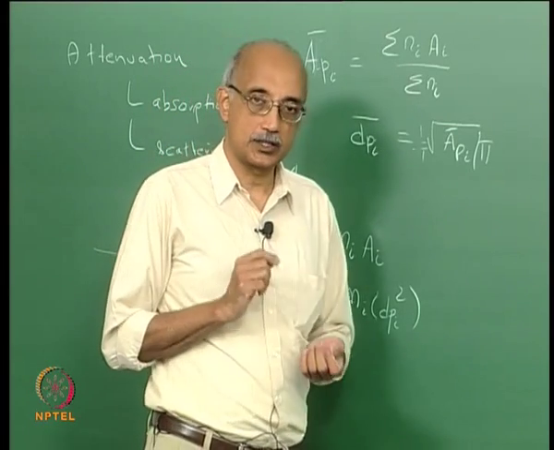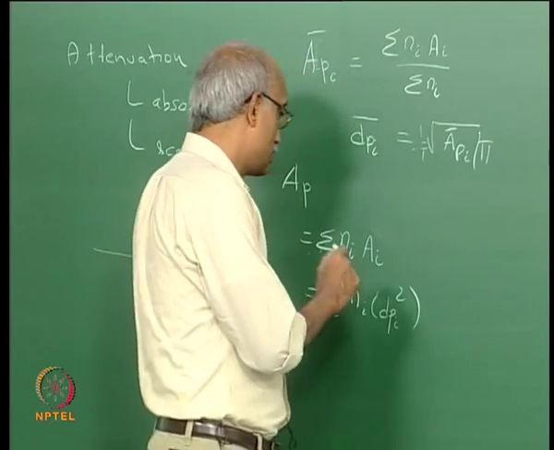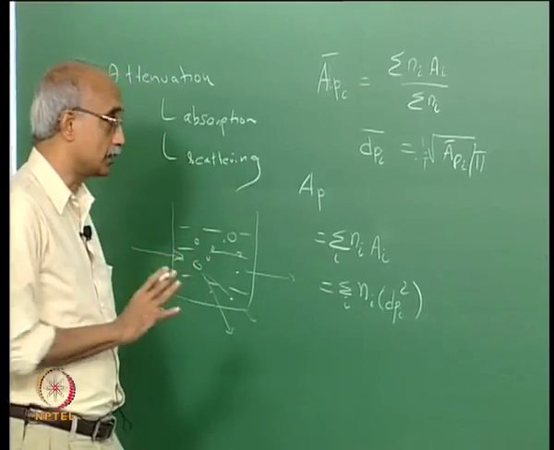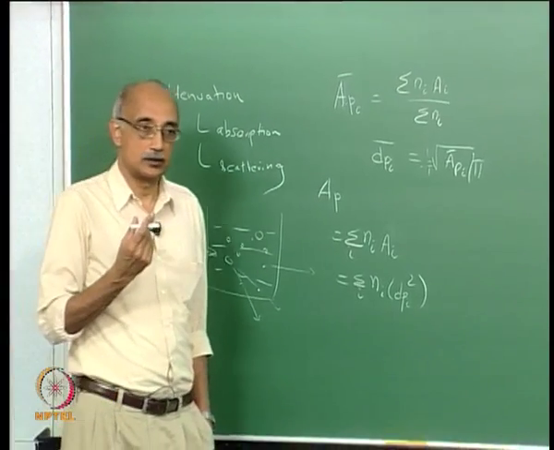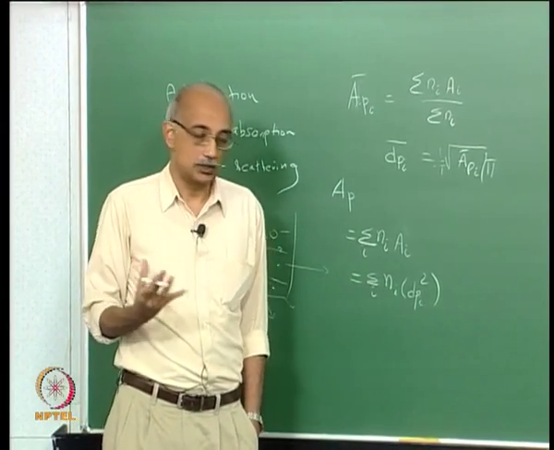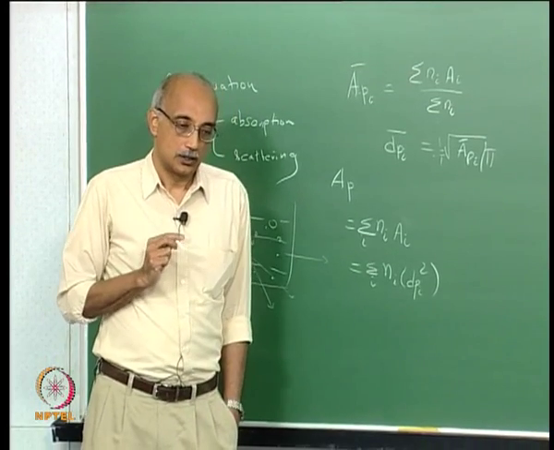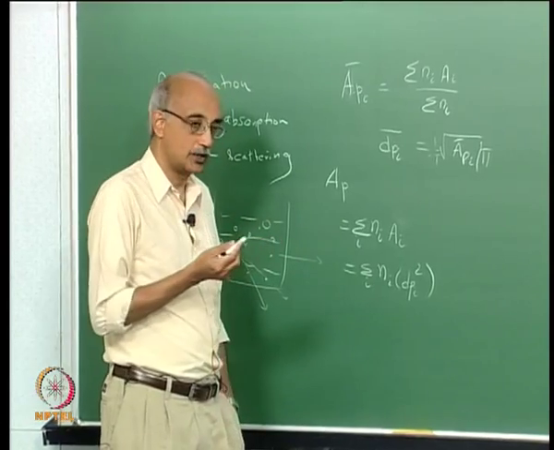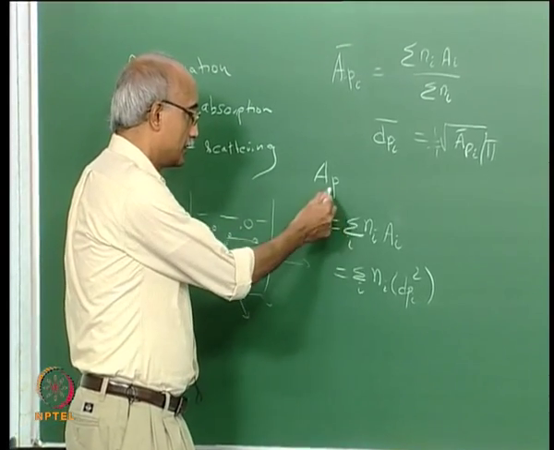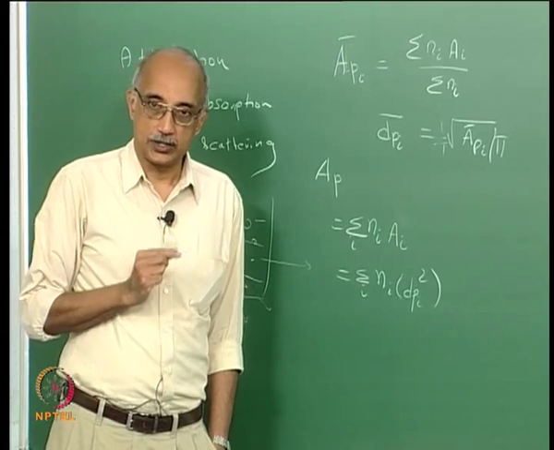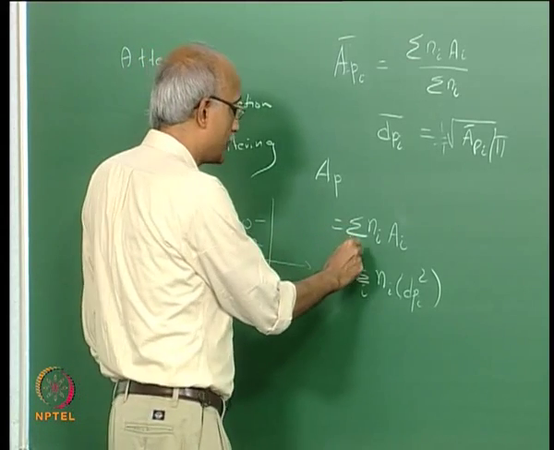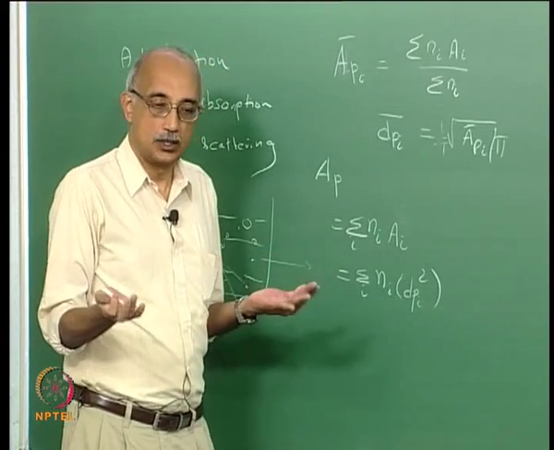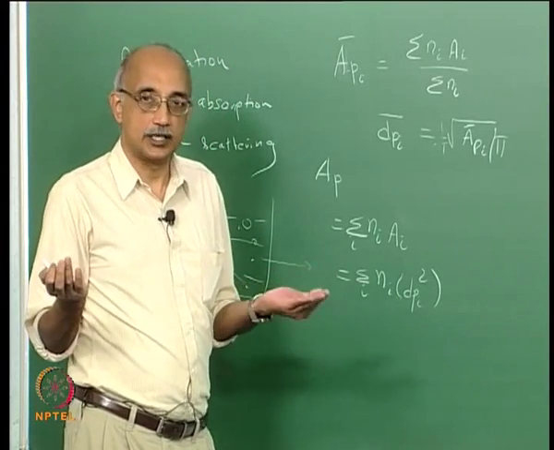But the key thing to remember at this time is that when you measure the light transmission characteristics through a suspension of particles and you extract a mean particle size using this approach, there are always questions about the size. One way to think about it is that the total particle scattering cross section in a suspension is summation N_i A_i. So let us say that you have two solutions and one has twice the turbidity that the other one has.